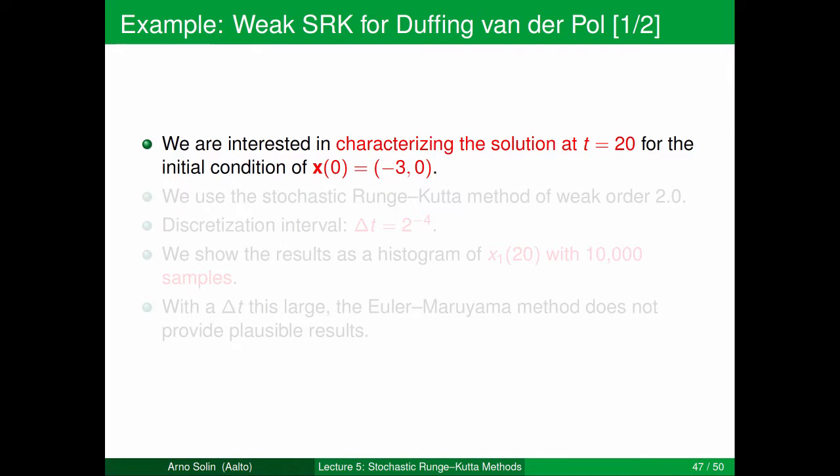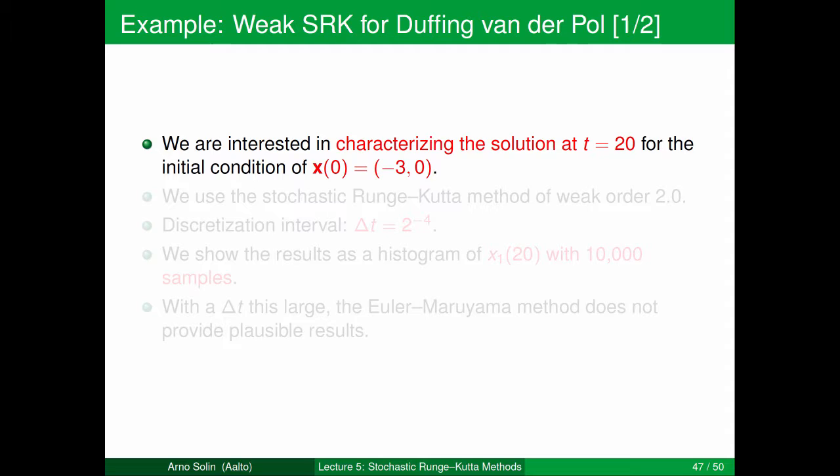However, now to give you a nice example of where these weak order Runge-Kutta methods can be used, we consider the Duffing-van der Pol oscillator once more. So you recall from the previous part of the lecture the model for the Duffing-van der Pol oscillator, and now we are not interested in the solution trajectories in this example, but we consider solution trajectories that start at a given point.